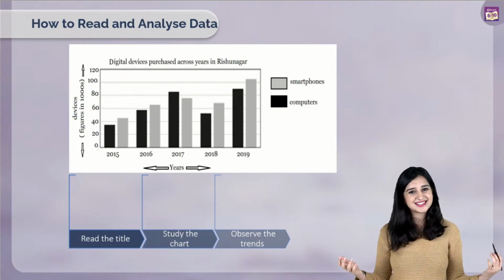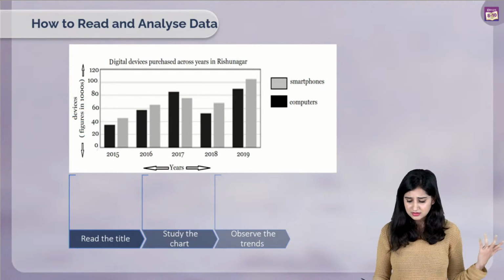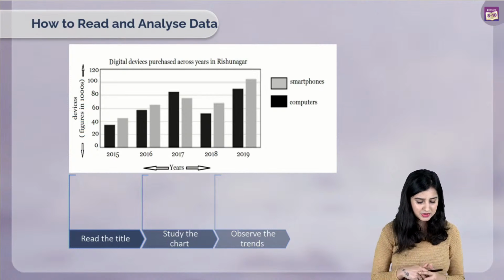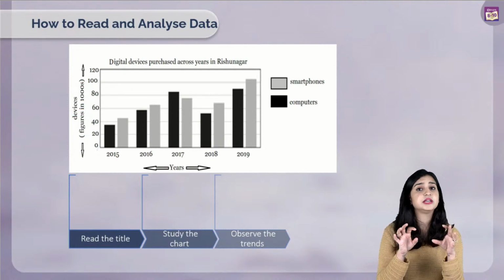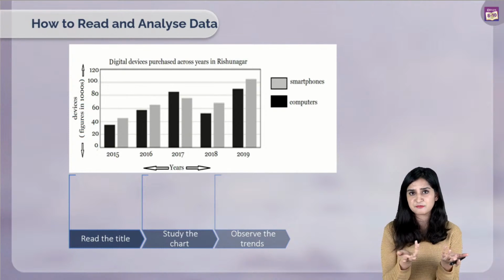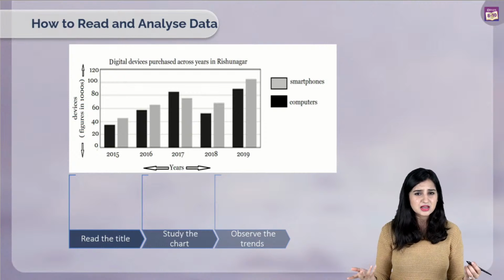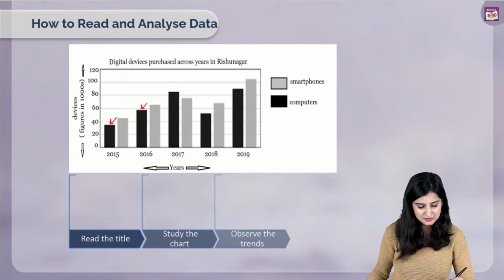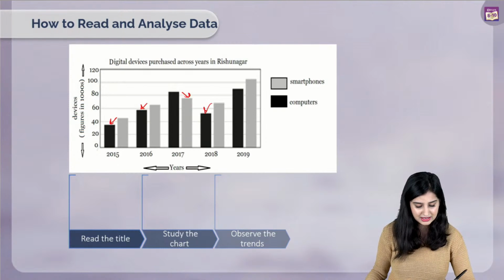All right, now we've already done 3, so just one more trend to go. So I think the trend that we can see is, because we've already acknowledged that there is a difference in the amount of smartphones and computers that have been purchased, we can quickly just see what the difference is. So here we can see the difference between these two, the higher value and the lower value.